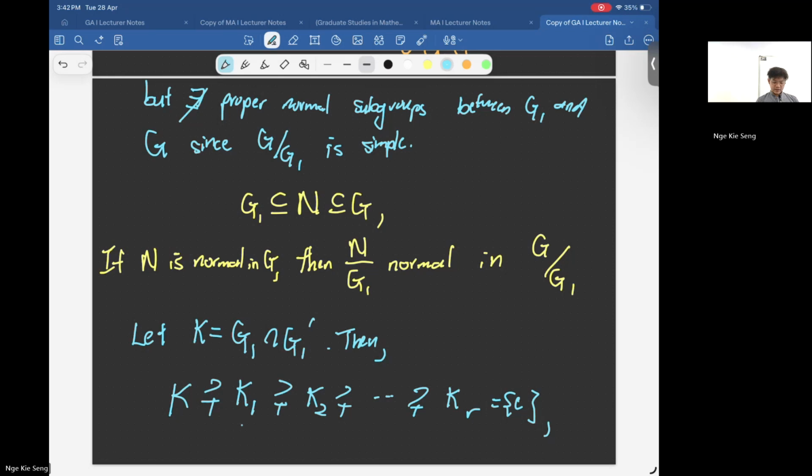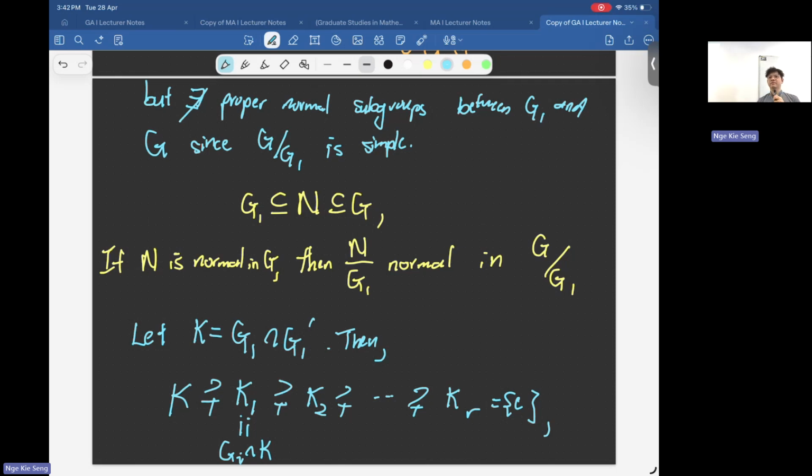Well, how I do this is I just take Gi intersect with K. So meaning I take the composition series of G and then I build a composition series of K. I think intersection between normal subgroups is still normal, right?